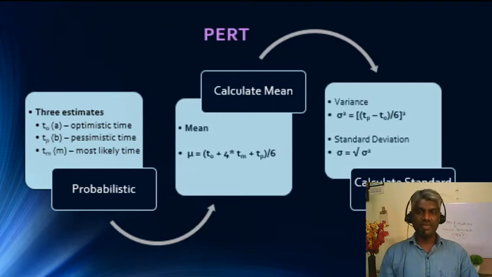And PERT is a special case when compared to CPM, in the sense we can find the probability of completing a particular project. To find the probability of completing the project, we need the variance of each activity, and from that variance we are going to find the standard deviation, which we are going to apply in the formula to find the probability of completion of the particular project.